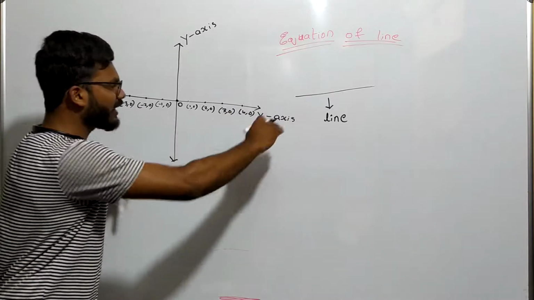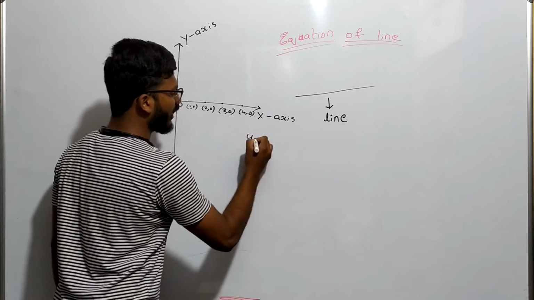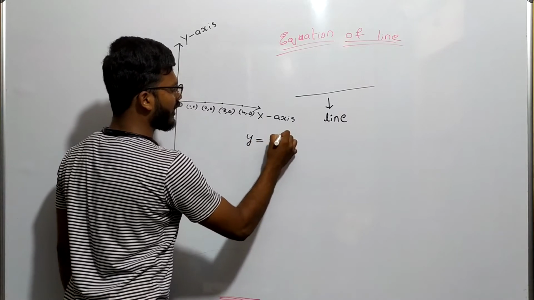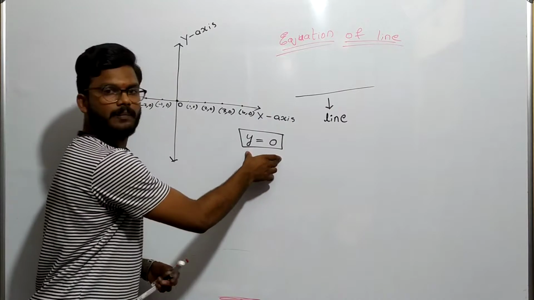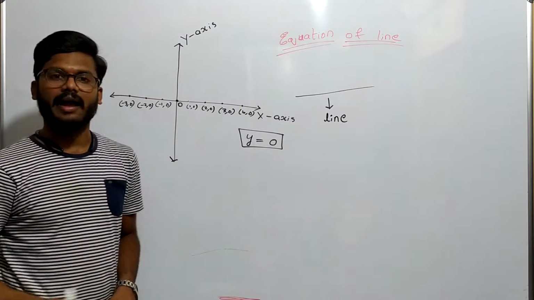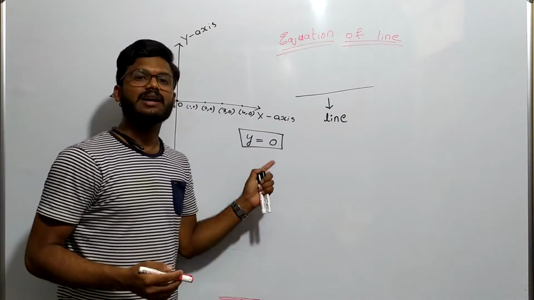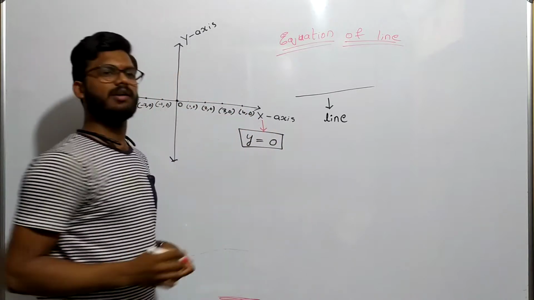What is the similarity in all the points? In all the points, we are getting y as 0. You can tell y equal to 0, right? So this is the indication for the x-axis, or you can call it the equation of x-axis is y equal to 0.